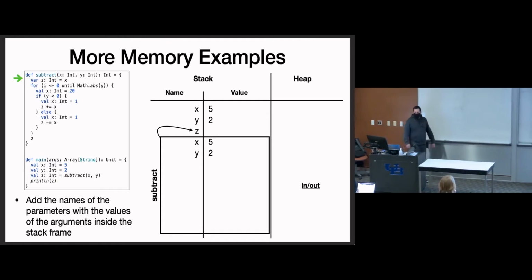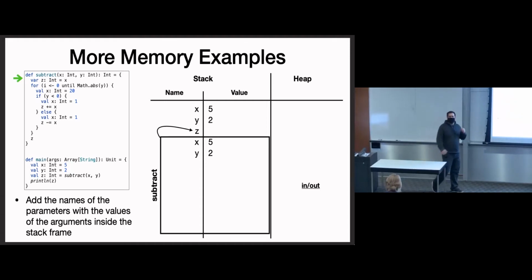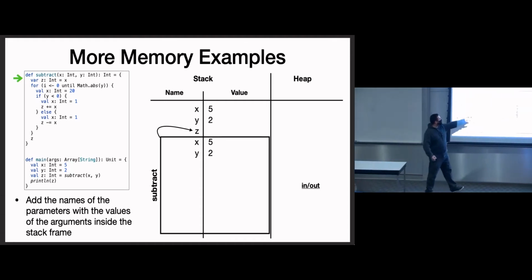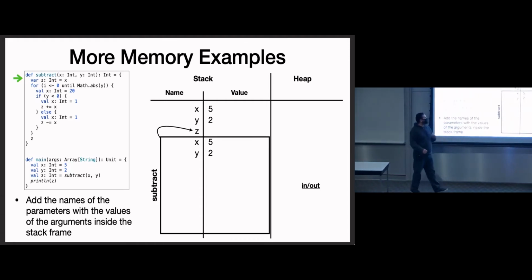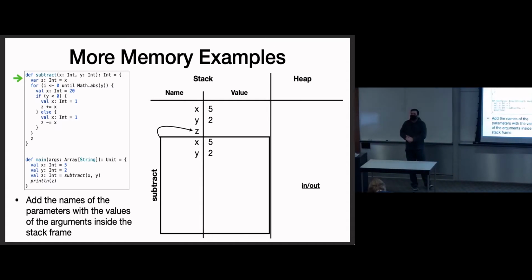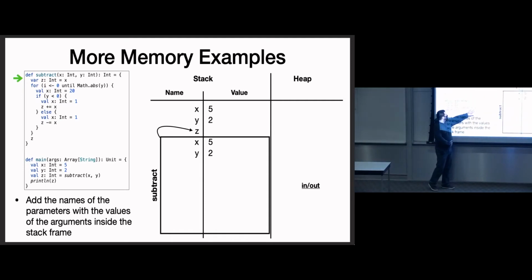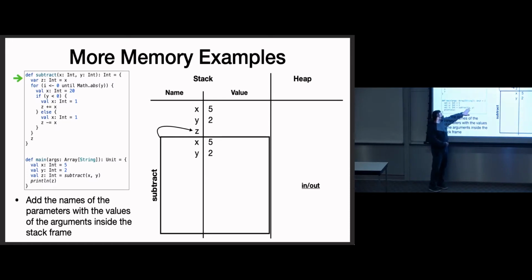When we enter a stack frame, we create a stack frame, we have a method call. First thing we're going to do, add the parameters, the names of the parameters inside the stack frame, and assign them the values of the arguments. So we called this with x and y. When we made this method call, we were still in the main stack frame. X and y, 5 and 2. So this resolves to 5 and 2.